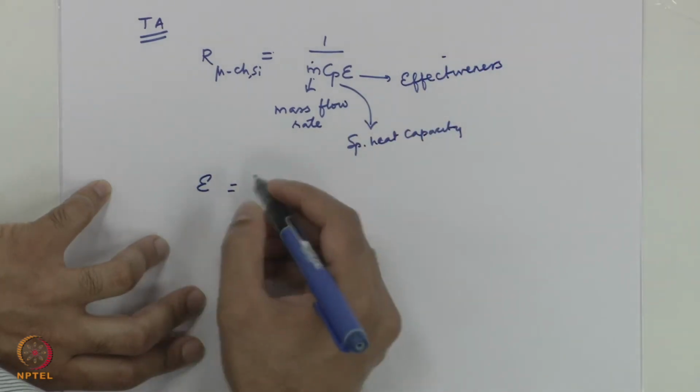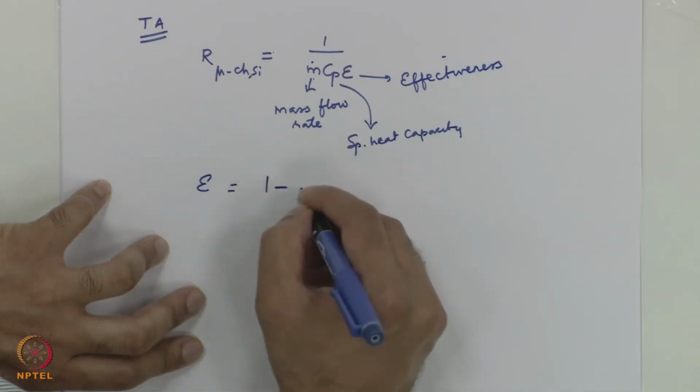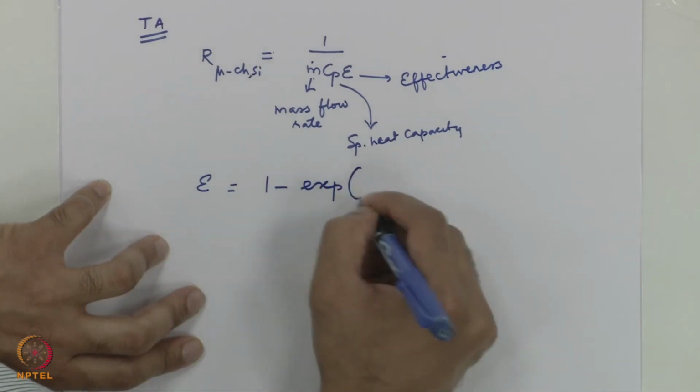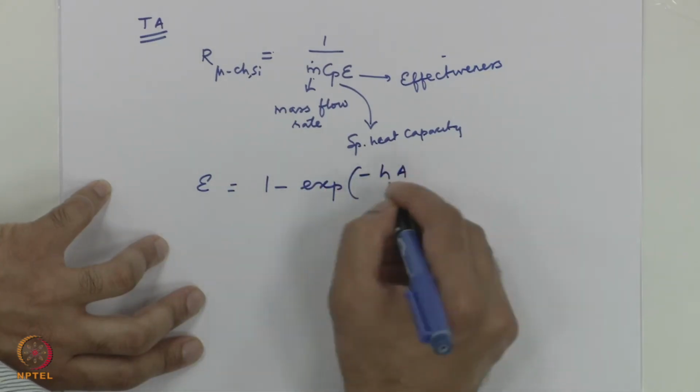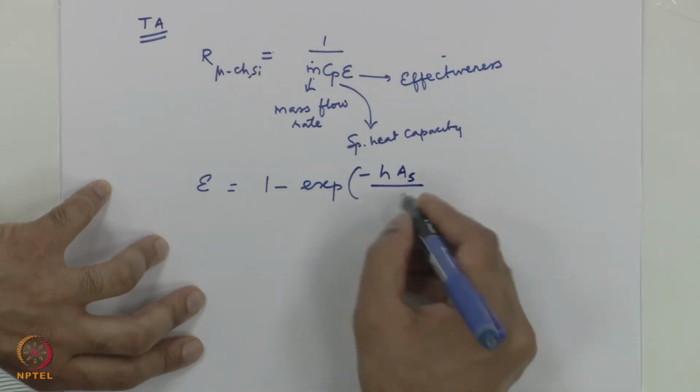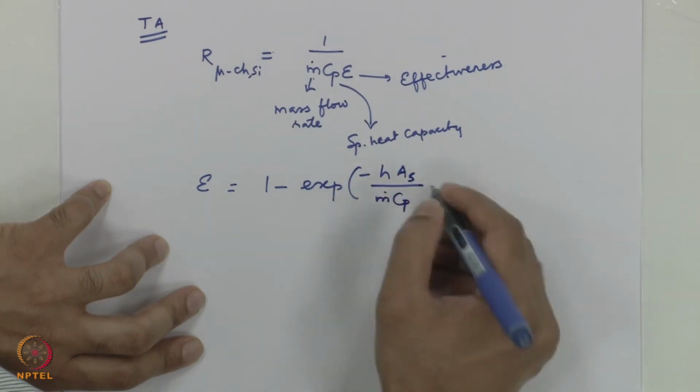Since this is a single stream heat exchanger, the effectiveness is given by HA, the surface area, divided by m dot Cp.